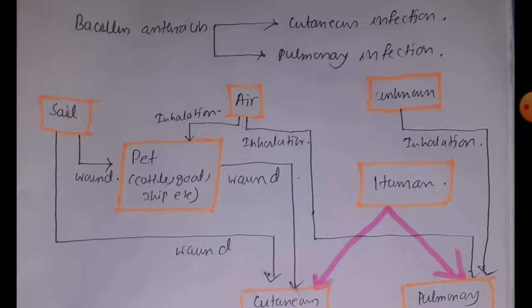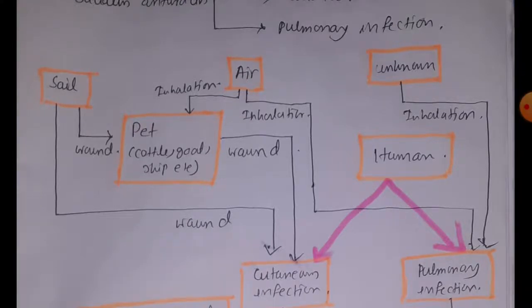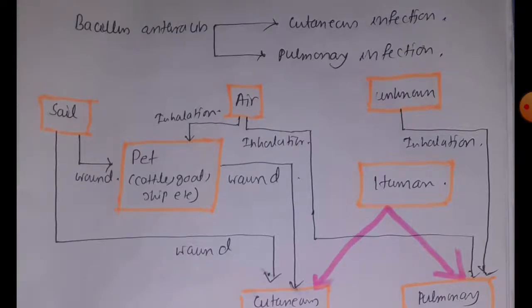It can be cultured on blood agar. Bacillus anthracis is a facultative anaerobe, and strictly aerobic forms are also present. It has a capsule. We will discuss the utility of the capsule in causing pathogenicity in upcoming videos.